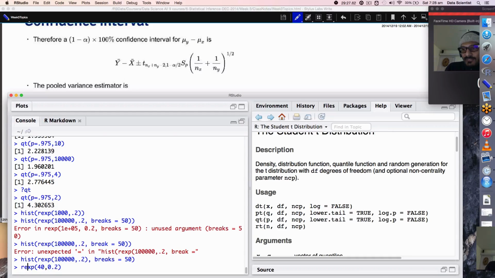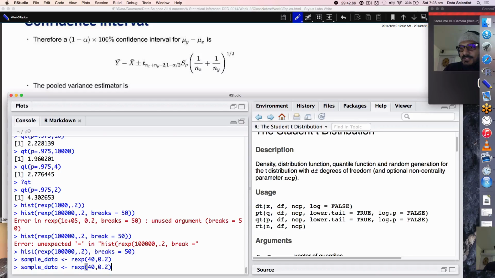So this is what I have, this is my sample. Let me call it sample data. Now what I'm interested in, he's saying, take the mean of this. So I say sample data mean, which is the mean of these values.